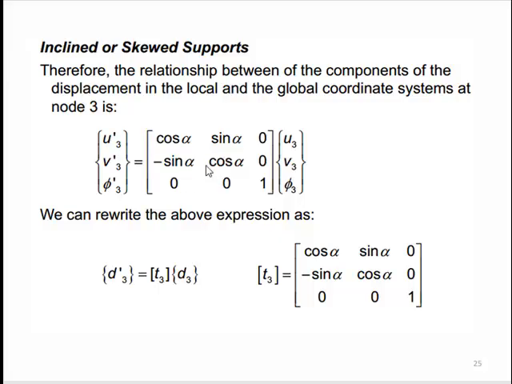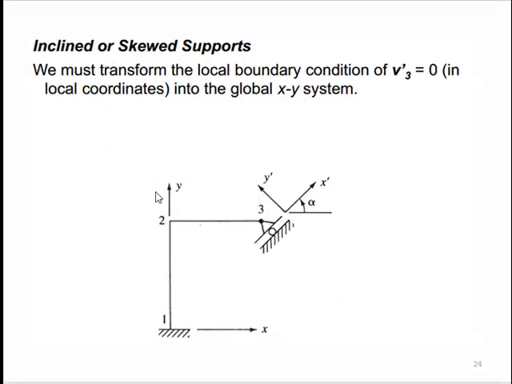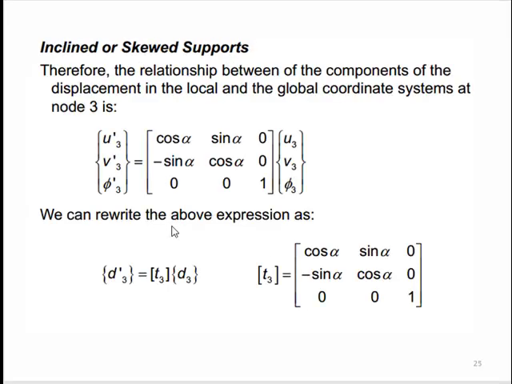Now, why are we talking about the third node only? The reason is that the skew support is at node number 3. If we have skew support at node number 3, then we will consider the u3 prime, v3 prime, and phi 3 prime, and so on.